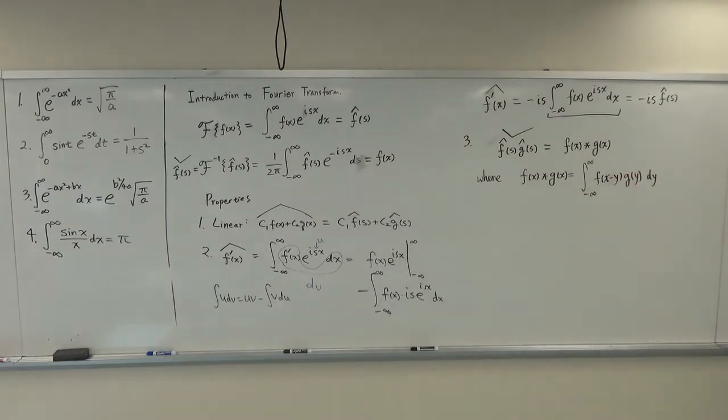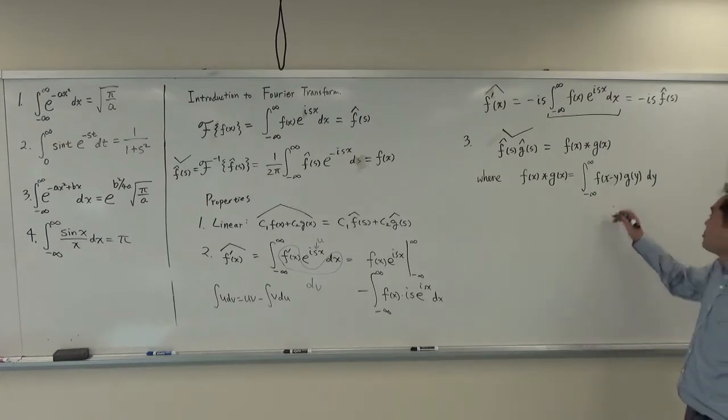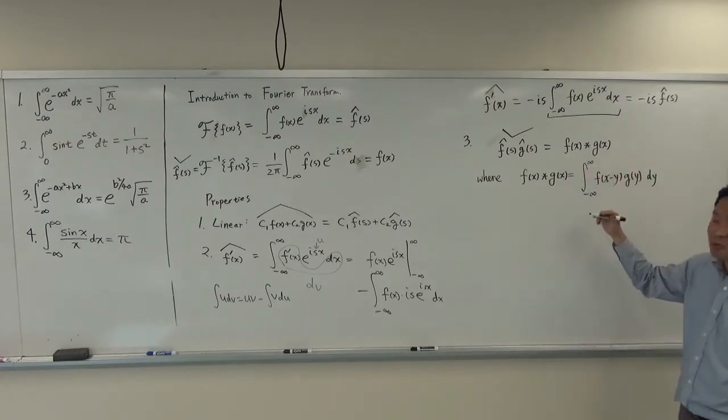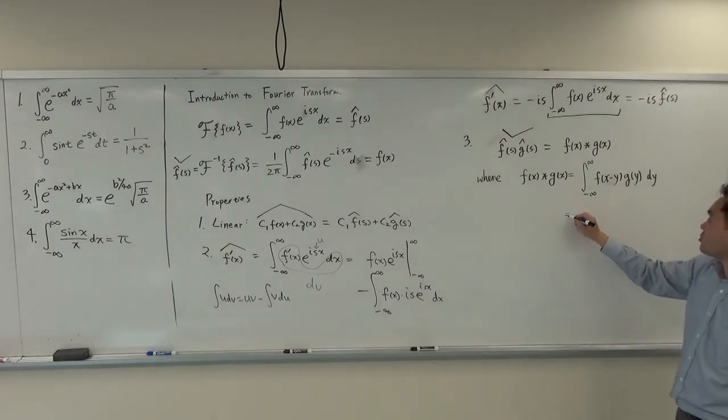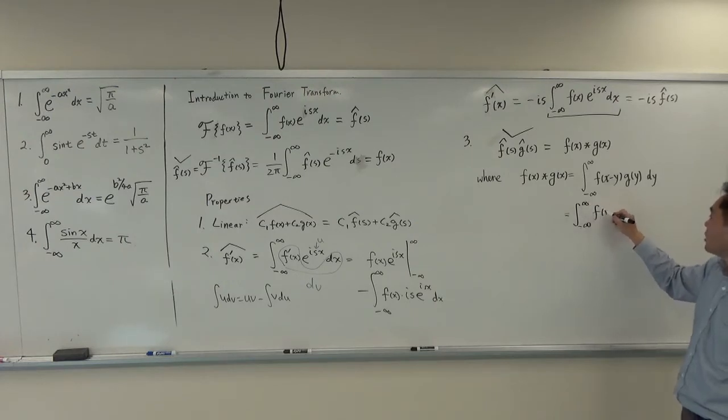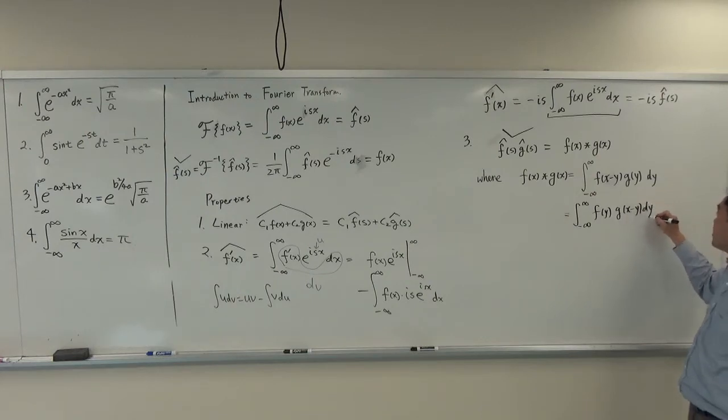That's called a convolution. Now, surprisingly, you can do some change of variables and show that this is actually equal to the integral from negative infinity to infinity of f of y g of x minus y, so that convolutions are actually commutative.